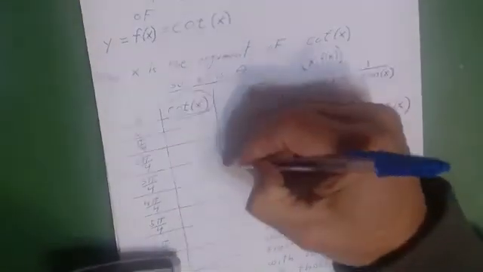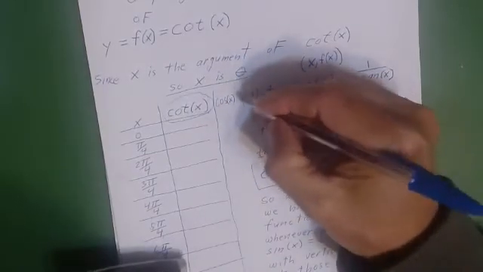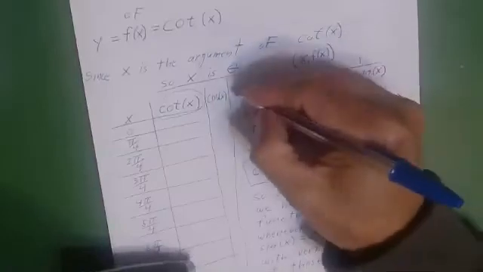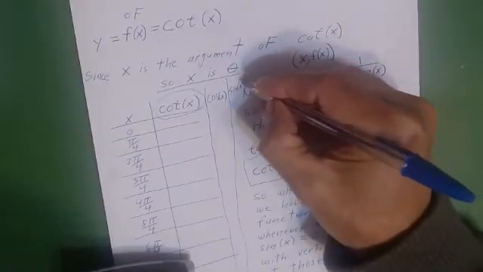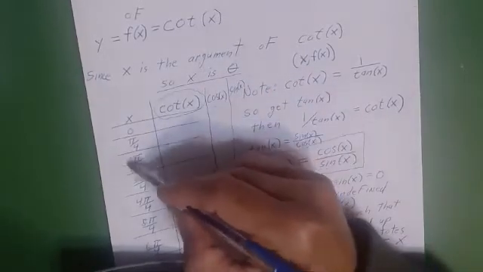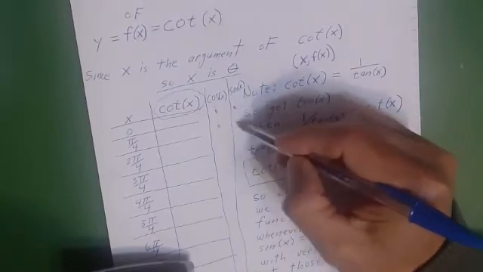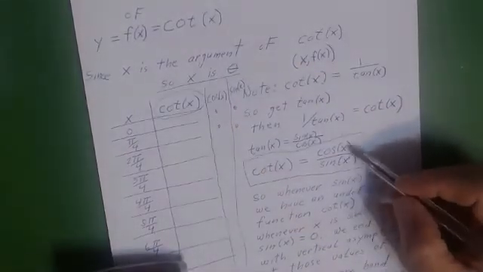You could write cosine x, if that helps you, and sine x, and just record what those values are for each value of x, okay? And then when you've got these values in your list, you just do this division.